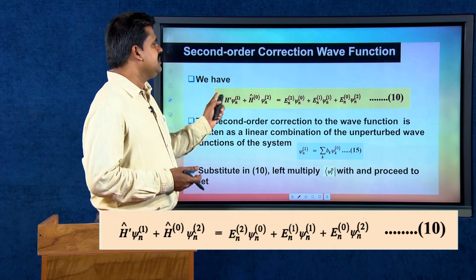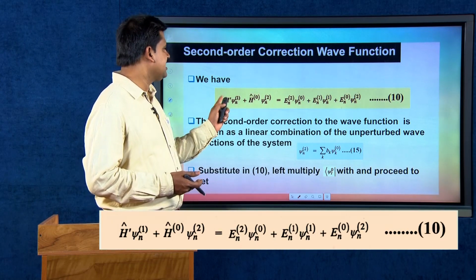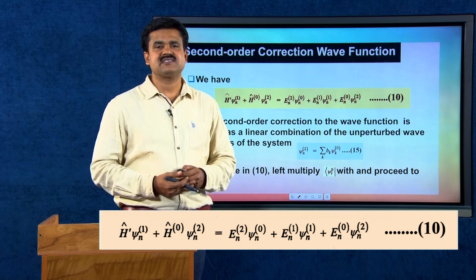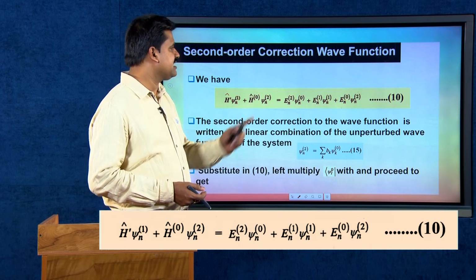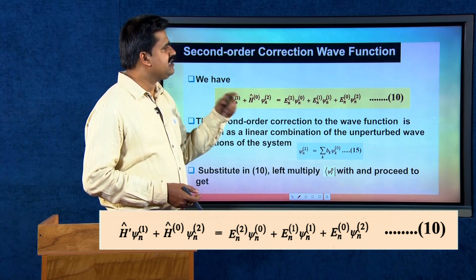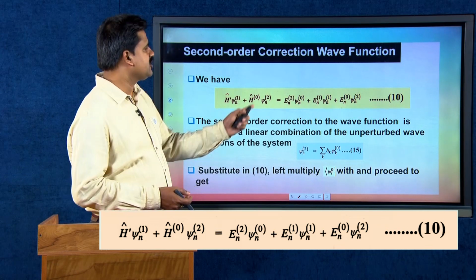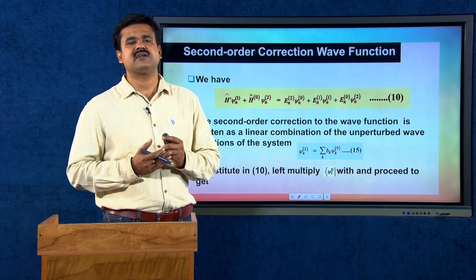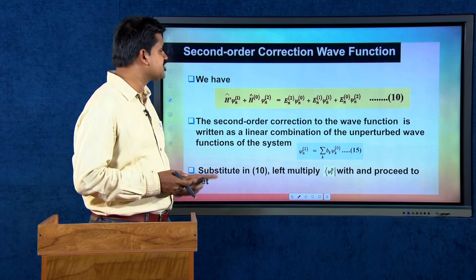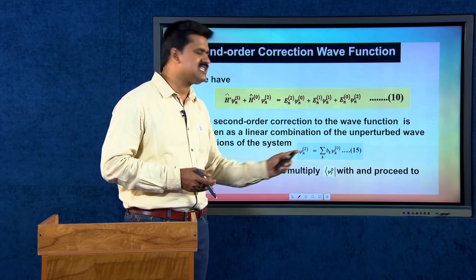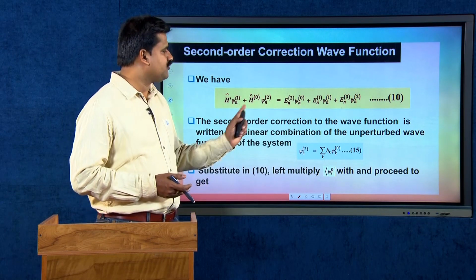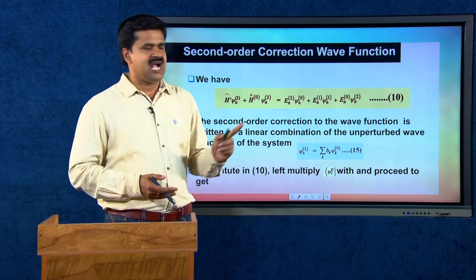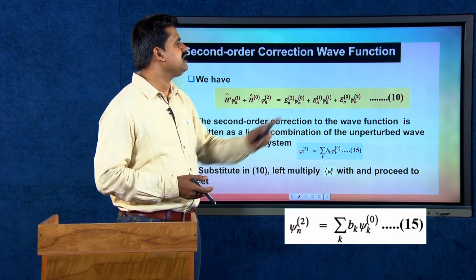We have equation 10, that is H-hat' psi_n^1 plus H-hat^0 psi_n^2 is equal to E_n^2 psi_n^0 plus E_n^1 psi_n^1 plus E_n^0 psi_n^2, and the second order correction to the wave function is written as a linear combination of unperturbed wave functions. Such a linear combination can be represented mathematically like this: psi_n^2, 2 for second order correction, is equal to the summation over k of b_k psi_k^0.